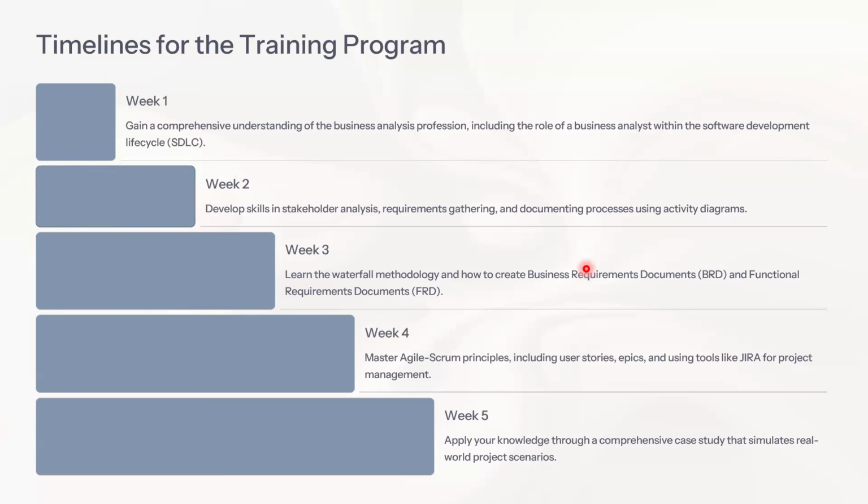Now, coming to the timelines, how much time are we going to take to cover this entire training program? In an ideal world, we would expect the entire training to complete within 5 weeks. But the ideal world assumes everyone understands everything, there are no follow-up questions, no assignment delays. To be honest with you, when the training starts, students will definitely have questions.